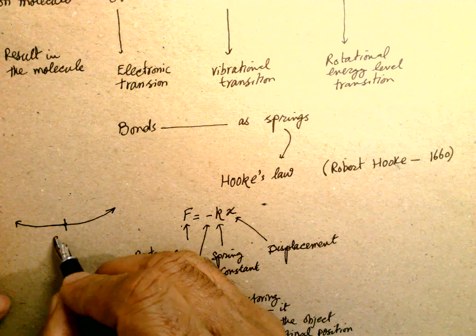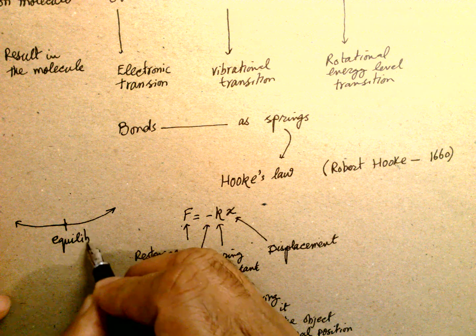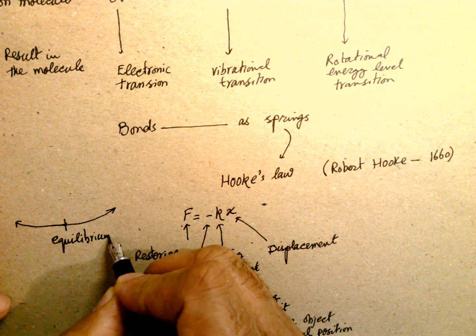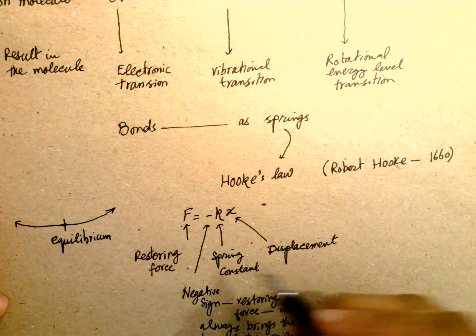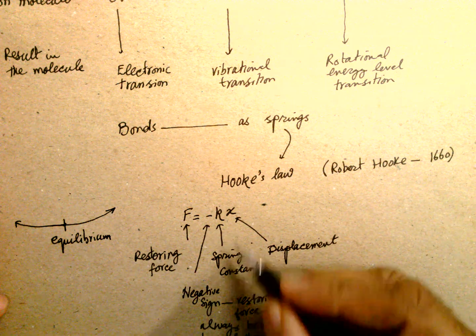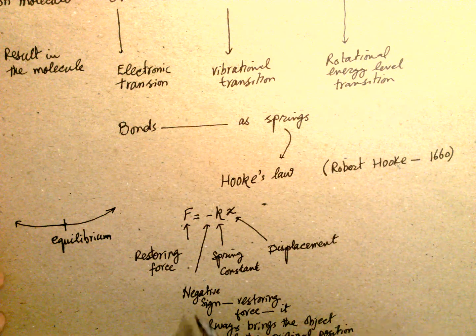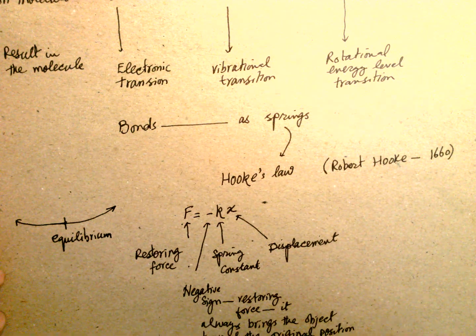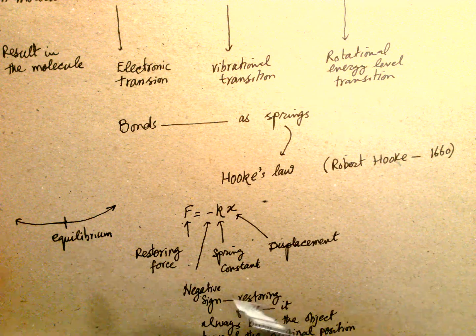This is the equilibrium. The force is always bringing the object toward the center. K is the spring constant and x is the displacement from the center. The negative sign means the restoring force always brings the object toward the original position.